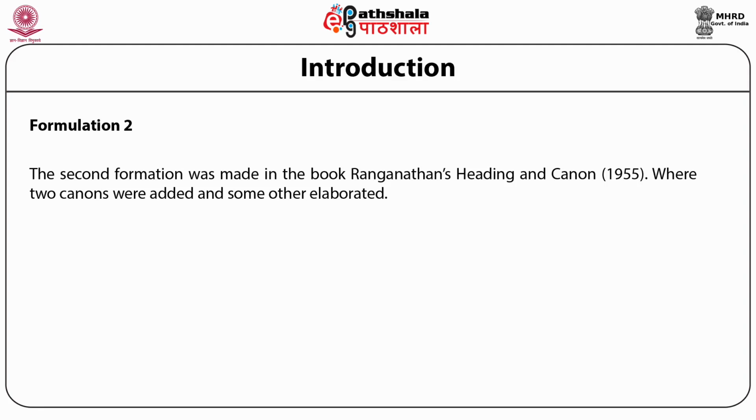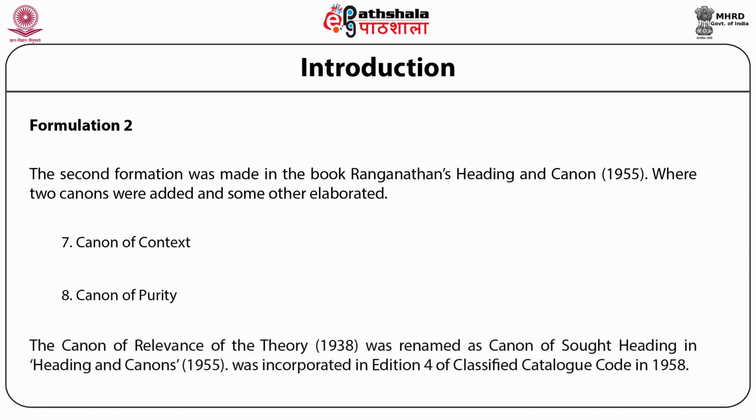The new canons added were Canon of Context and Canon of Purity. The Canon of Relevance of Theory, which was published in 1938, was renamed as Canon of Short Heading, and Headings and Canons, which was published in 1955, was incorporated in edition 4 of Classified Catalogue Code in 1958.